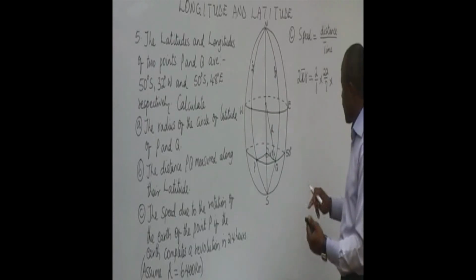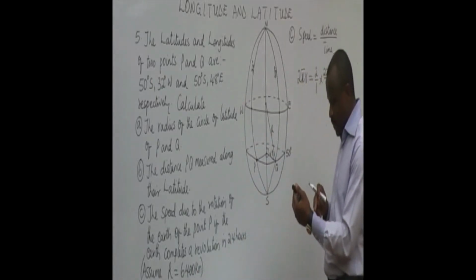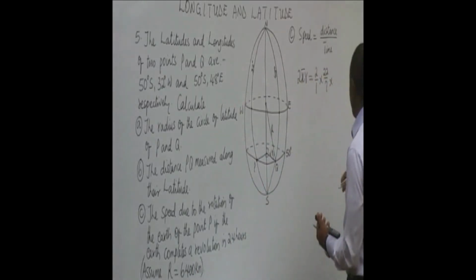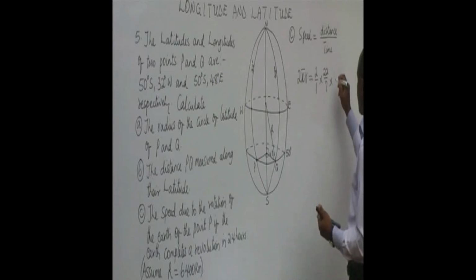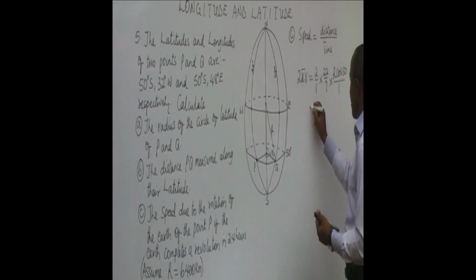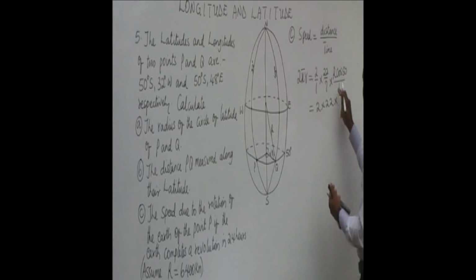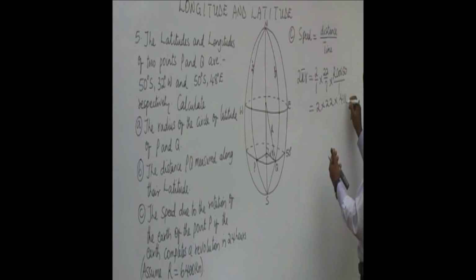Now times R, 6,400, is giving us, so we are having 2 times 22 times, I have multiplied R and cosine 50 to get 4113.84, then all over 7.